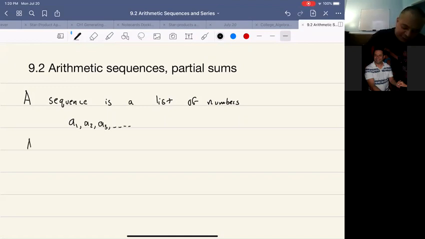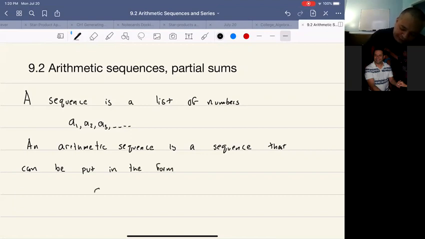Now an arithmetic sequence, which is what we're going to talk about today, is a sequence that can be put in the form a sub n equals, we're going to call it a sub 0, plus n times d.